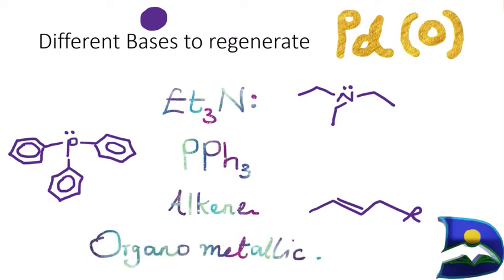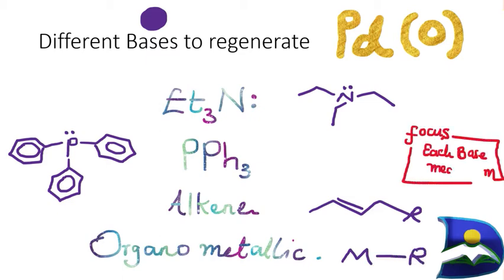An organometallic here is quite interesting in terms of its mechanism, and we're going to dive into the individual mechanisms that are responsible for this regeneration of our palladium 0.